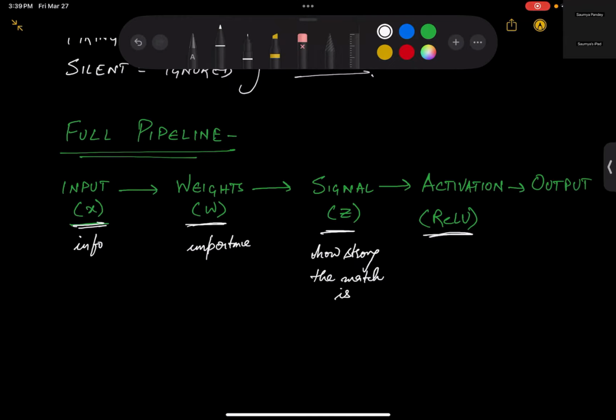Activation decides whether to respond. So in a way, we can say that the weight defines the pattern, and activation decides the response.